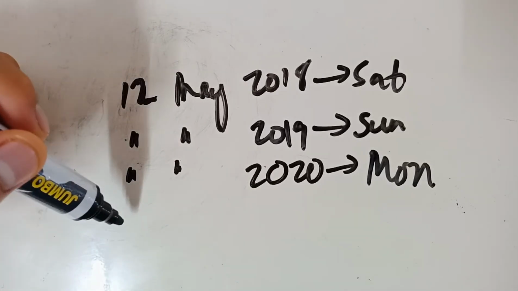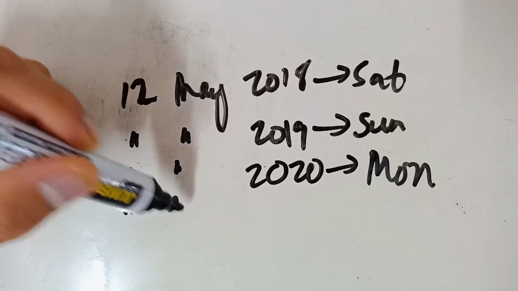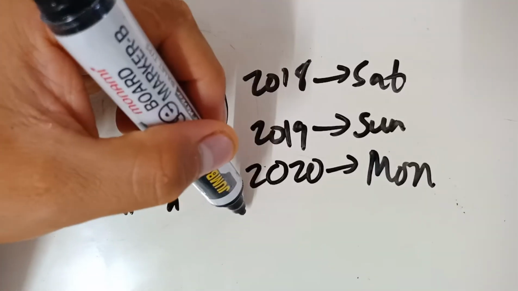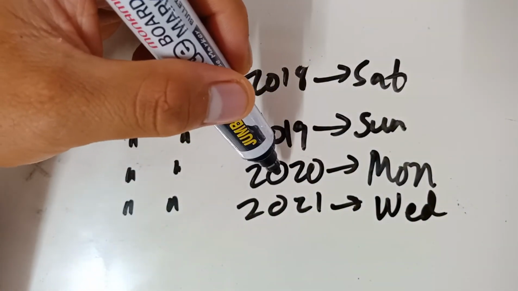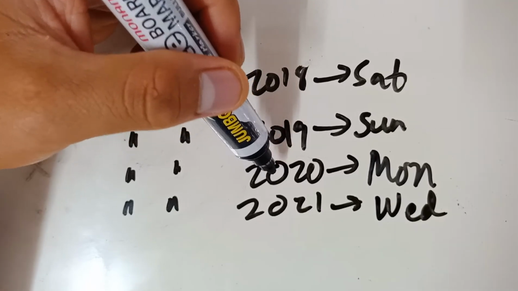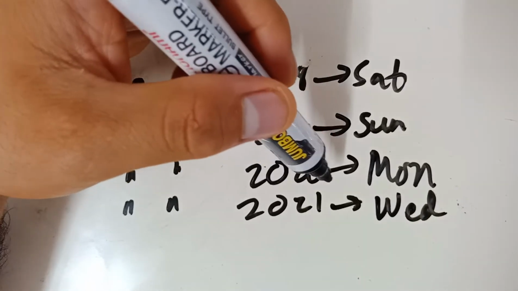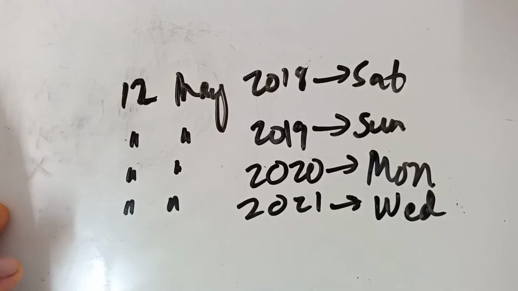Okay, and then the 12 May 2021 will be Wednesday, because we now included the leap year, so we added 2 days from Monday, so that's Wednesday.